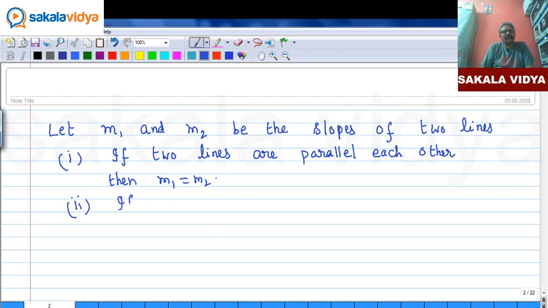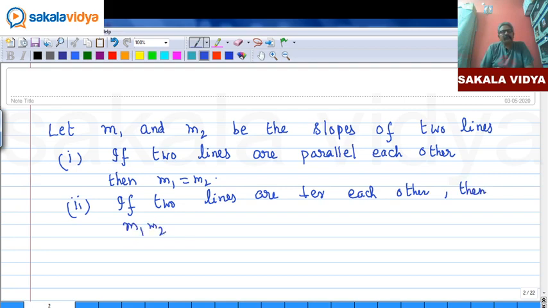If two lines are perpendicular to each other, then the product of their slopes is equal to minus 1: m1 into m2 is equal to minus 1.